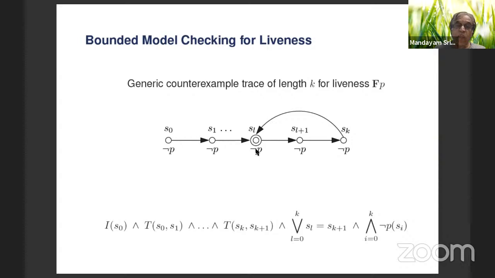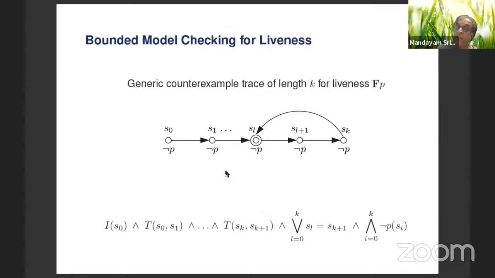So you can now check if there are longer and longer lasso-shaped counterexamples, where the length of a lasso I define as the path from S0 to SK before it lassos back.